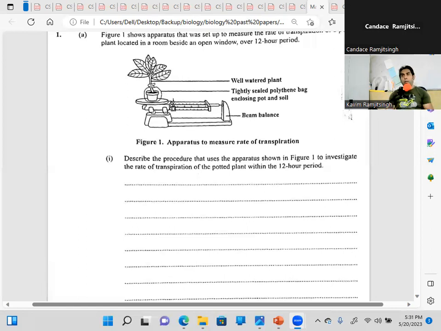The simple carbohydrates are like your glucose, fructose, and so on. She's diabetic. So if she takes in that simple carbohydrate, once it comes into the body, it will be used up rapidly.